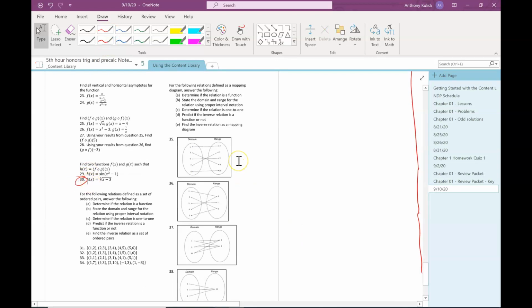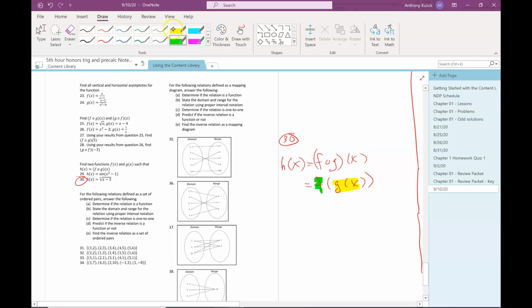Okay. So 30 says to find two functions, f of x and g of x, such that the composition of them is what I've been given. In general, what I'm going to remember is that f composed g of x is really the same thing as f of g of x. So I'm going to look for an inside function and an outside function.